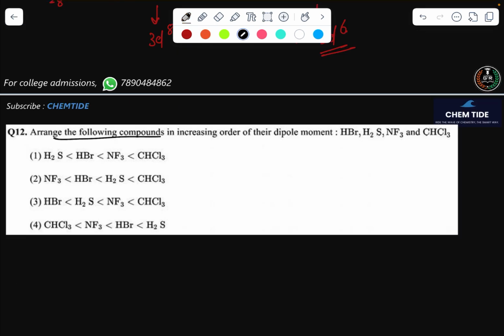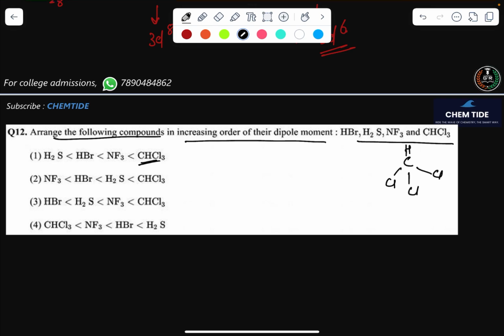Arrange the following compounds in increasing order of their dipole moment. Okay, in dipole moment, we can identify based on the structure only. So basically CHCl3 must have the highest, as 3 chlorines are pulling electrons from the carbon.